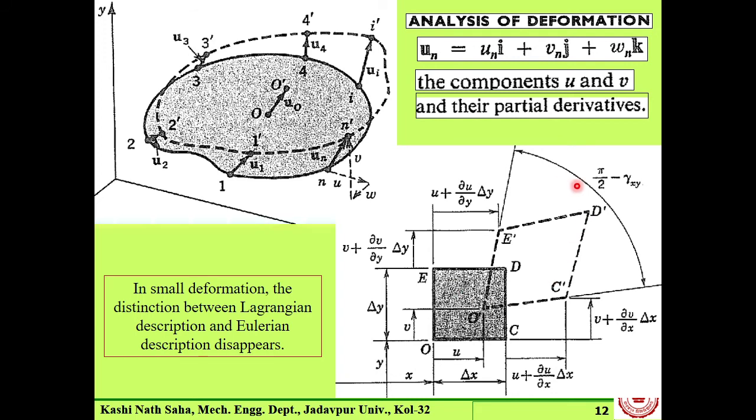And in general, what we will do is find out the coordinates of points O, D, O prime, D prime. And we will find out the line element OD and its displaced position O prime D prime.